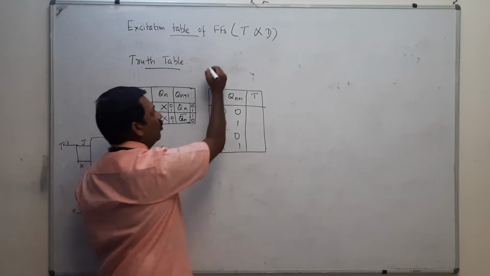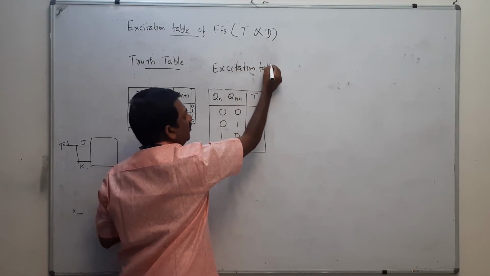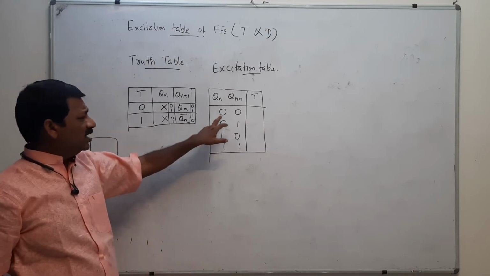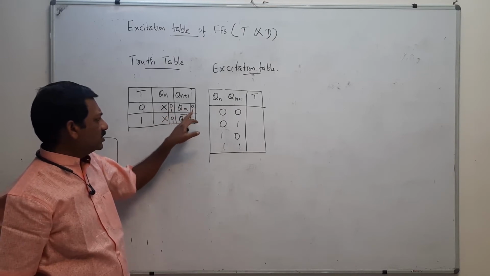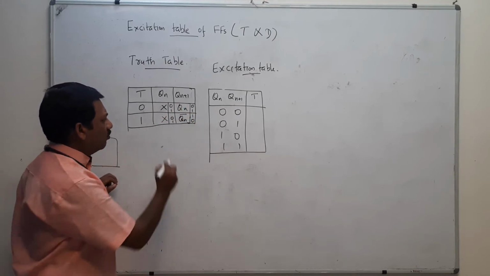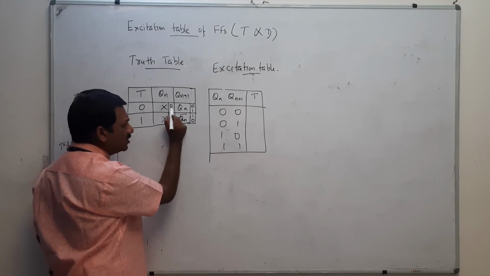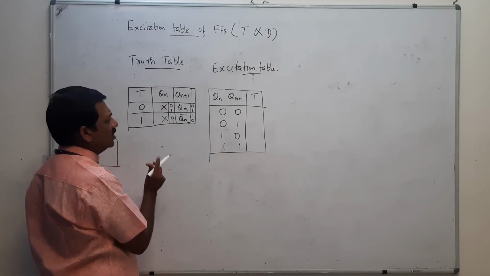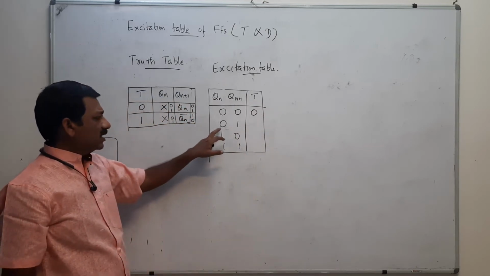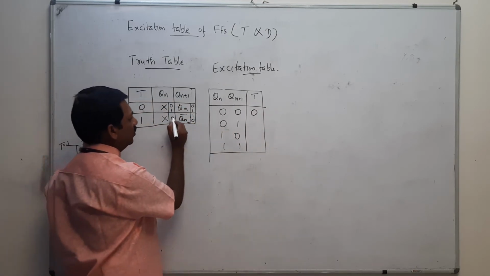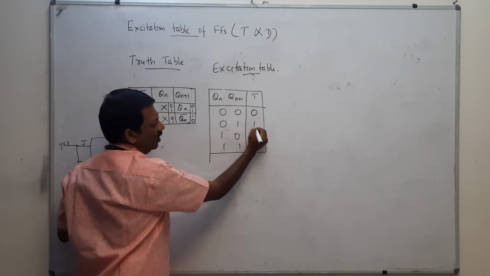Based on this, I am going to have an excitation table. If you want a 0 to 0 change, T should be 0. For a 0 to 1 change, you need T equal to 1.